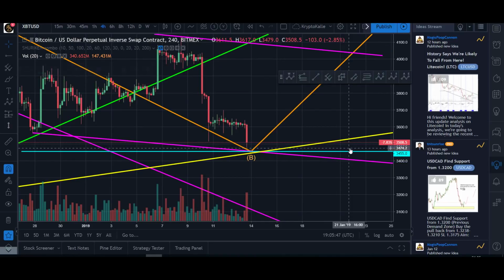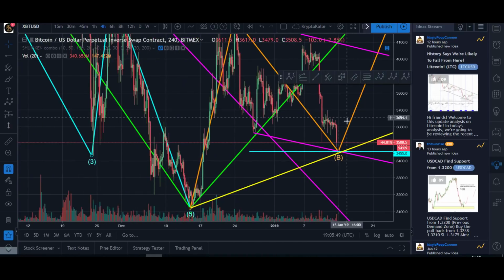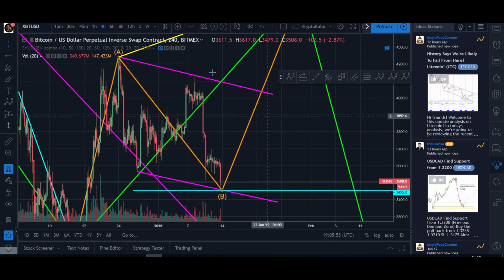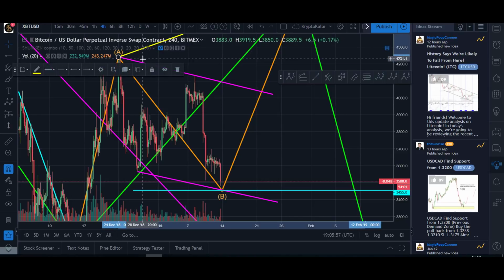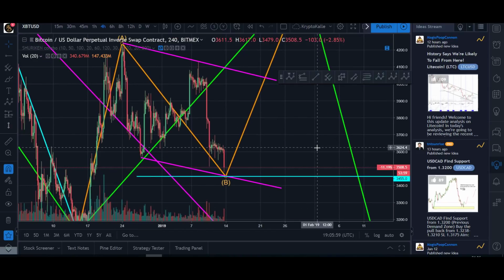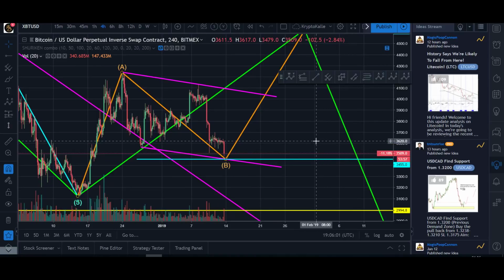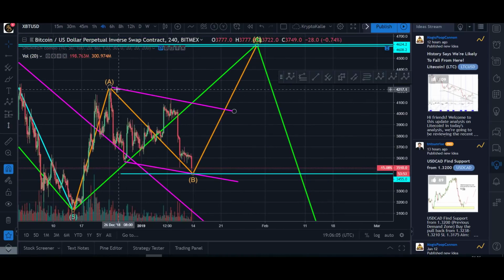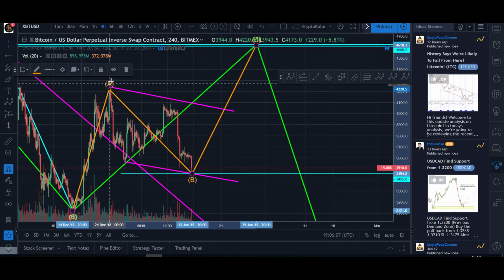I'm getting this out of here because it makes my chart look like shit. It already does look like shit, and I hate when it's full of lines. If I didn't post anything, my chart wouldn't look like this. I just check the targets, and my chart is basically naked, as they say.